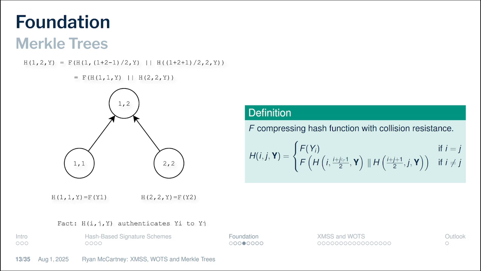So you concatenate this lower left node and this lower right node, indicated by these bars, and then you apply a hash function again. So f is a compressing hash function, and h is this function that constructs the Merkle tree recursively.